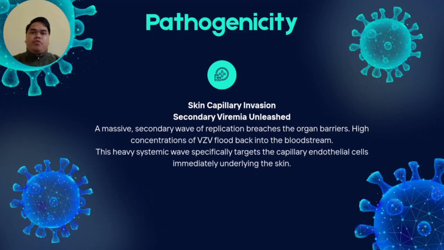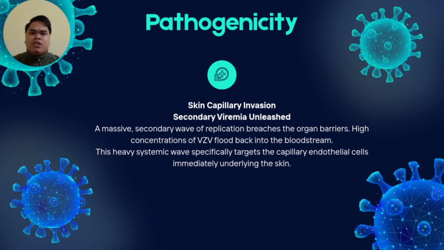After the mass production in the organs, the virus launches a massive, heavy second attack known as secondary viremia. It floods back into the bloodstream in huge numbers, but this time it has a specific target.